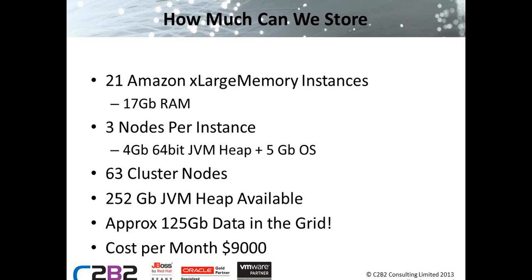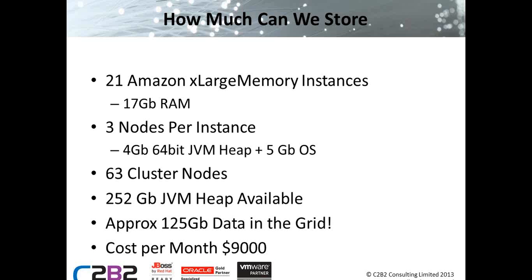Then we would have 63 Coherence nodes within those 21 machines, giving us effectively 4 gigabytes per node. 63 times 4 gives us 252 gigabytes of JVM heap available.